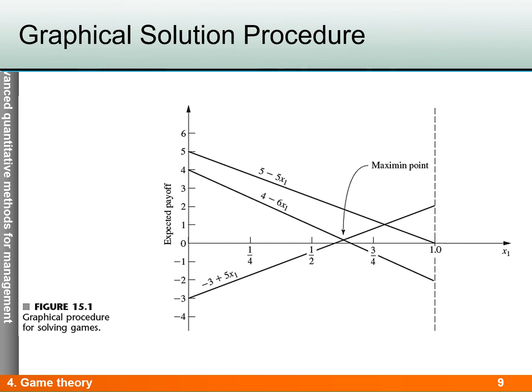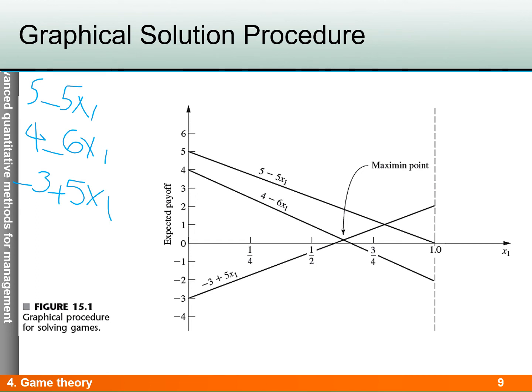So guys, here in this figure we have the graphical procedure for solving the game. As you see here, we just drew three lines: 5 minus 5x1, 4 minus 6x1, and minus 3 plus 5x1.